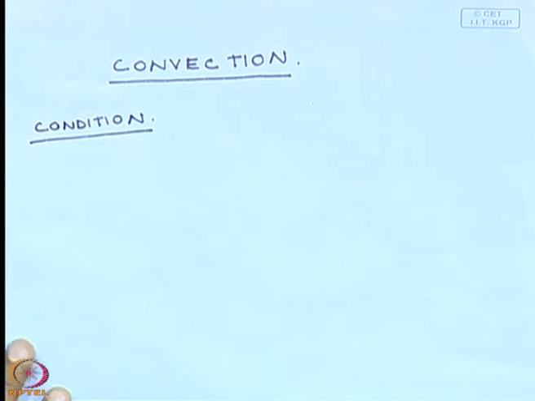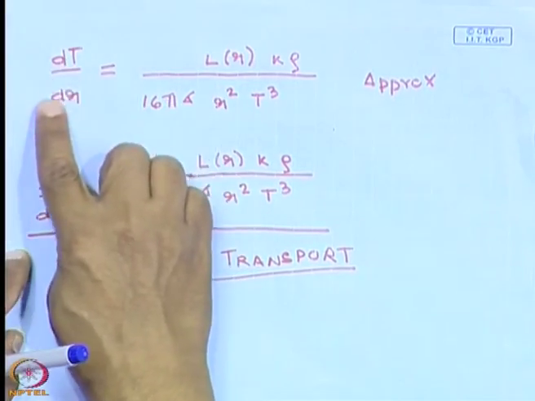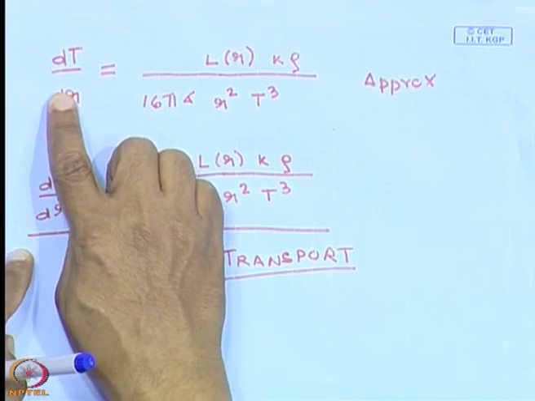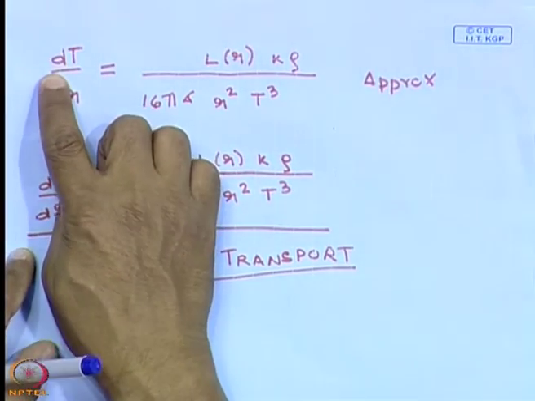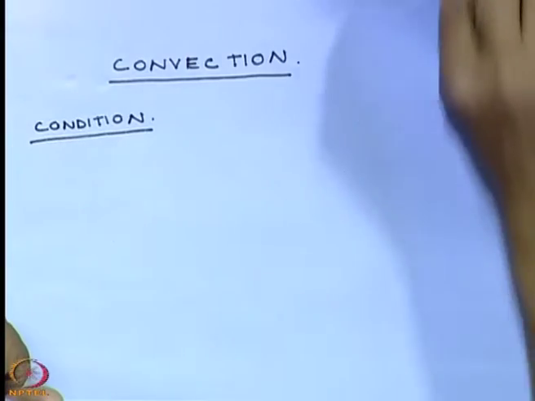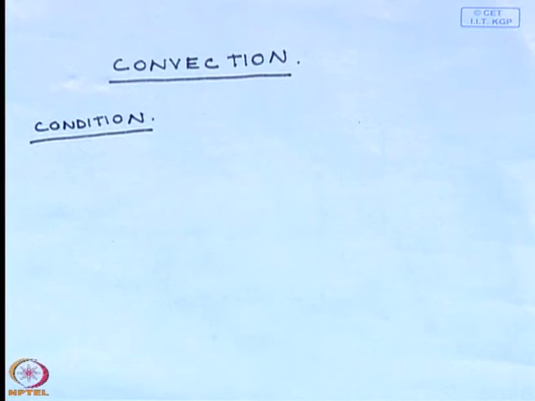Energy is being transported outwards through radiation, and we have seen that that will produce a temperature gradient, and once you know the temperature gradient, you can calculate the temperature profile.